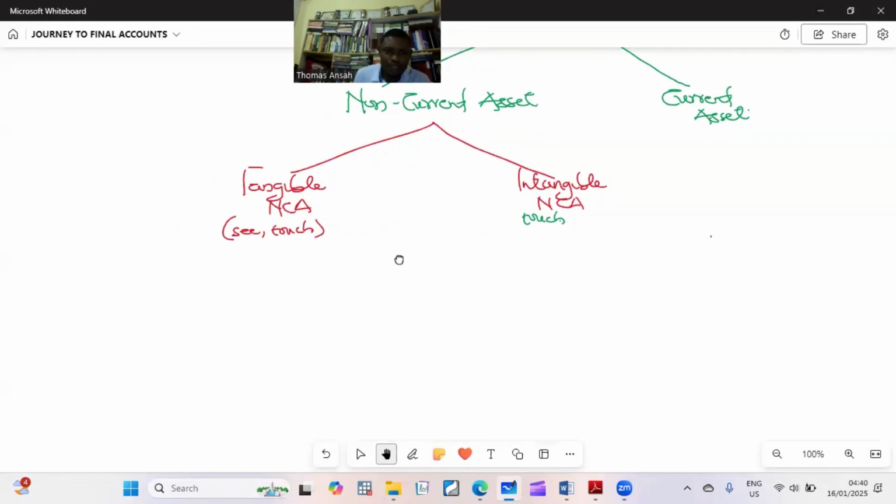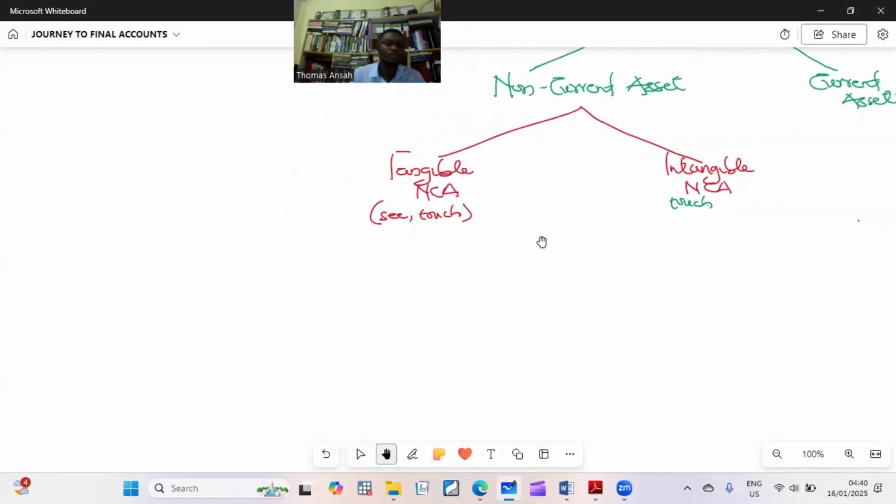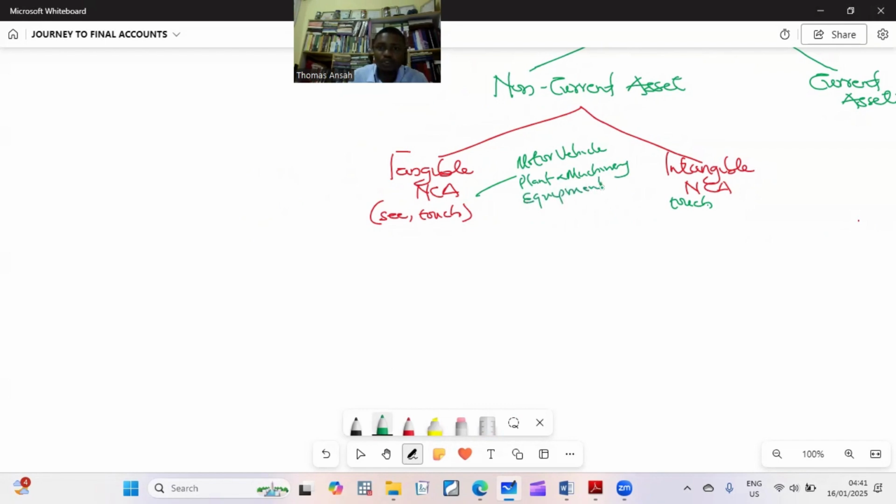When we pick the tangible non-current assets, what are some of the examples that you remember? My guess is that you remember your motor vehicle. You remember something like plant and machinery. You remember something like your equipment, which includes computers and stuff.